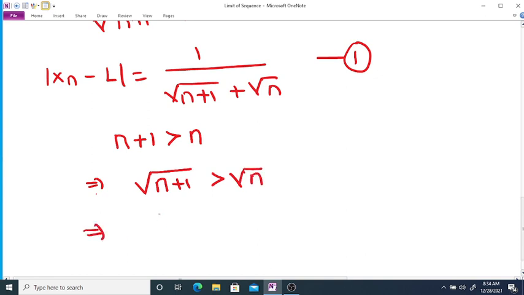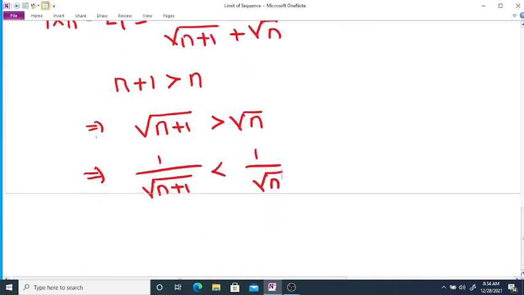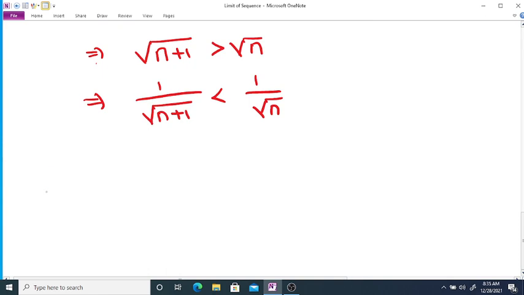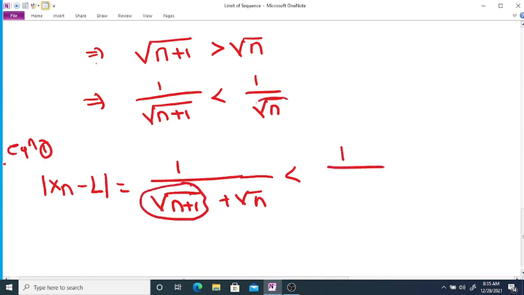From this we can write 1 divided by square root of n plus 1 is less than 1 divided by square root of n, and therefore equation 1 can be written as xn minus L is equal to 1 divided by square root of n plus 1 plus square root of n, which is less than 1 divided by square root of n plus square root of n.